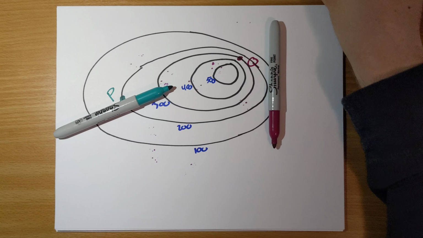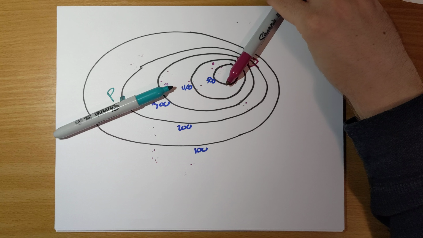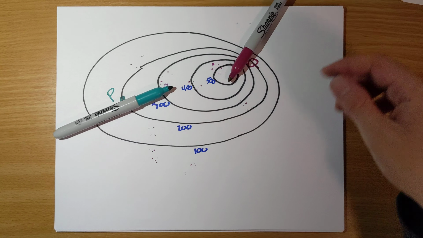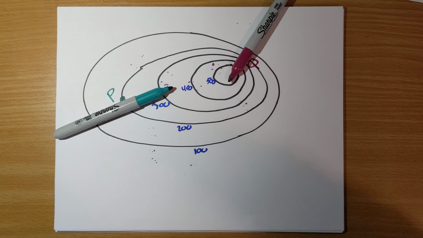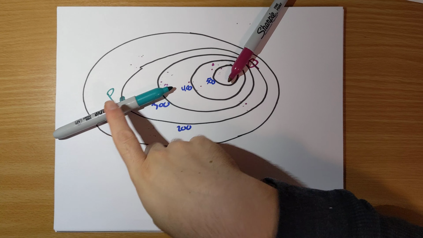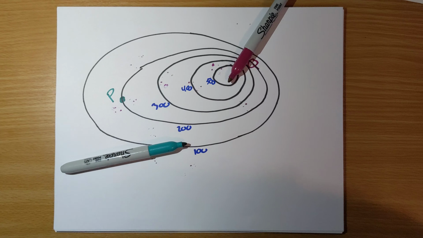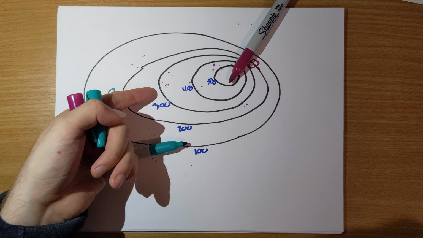Again, we know that the gradient for Q is going to point up the hill, orthogonal to the contours. My question now is, what can we say about the relative lengths of the gradients at P and Q? Well, if you're standing at P and you're walking up in this direction, you're not increasing your height very quickly.